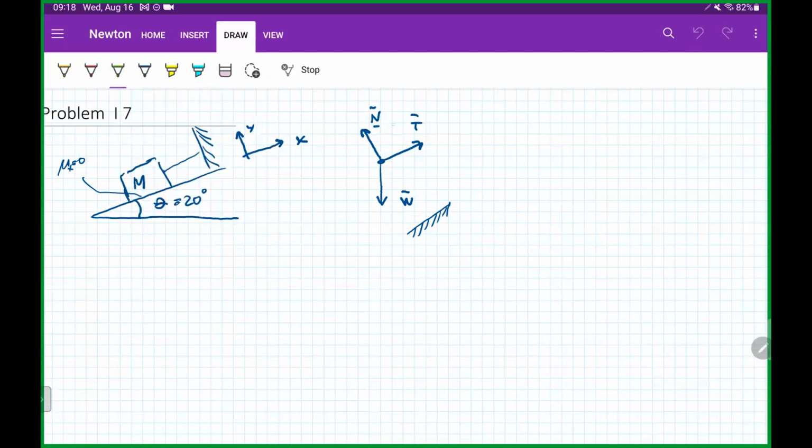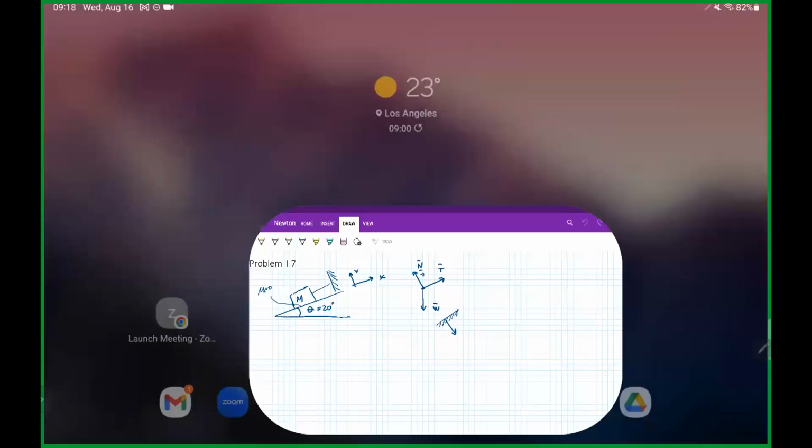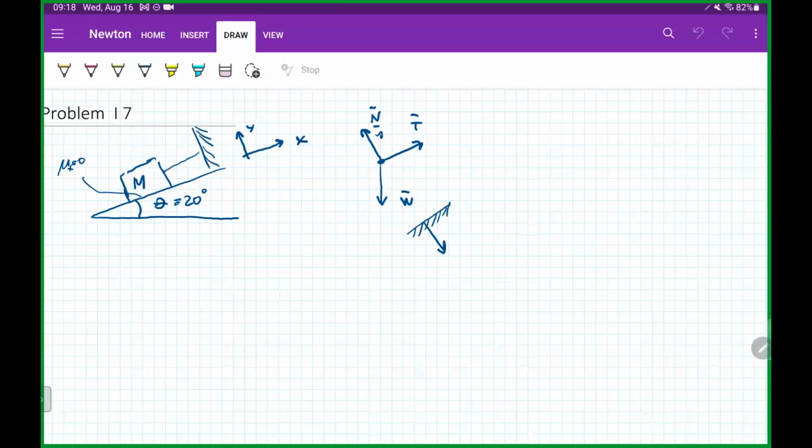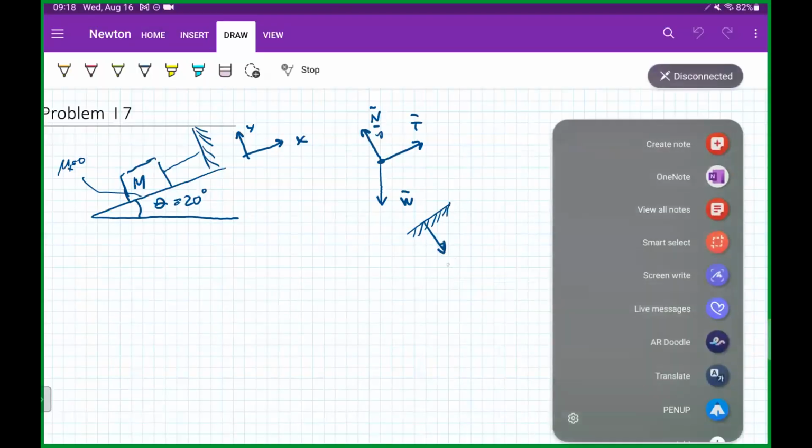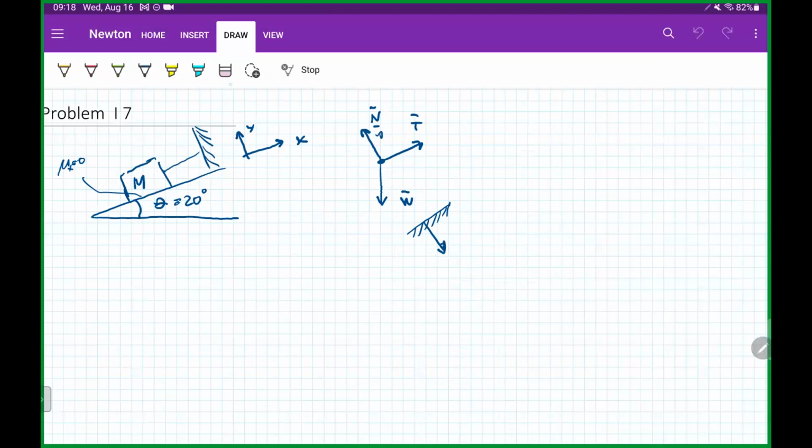Get some colors. Okay. Here. Oh, it's not picking up the colors. Sorry. Yeah, something wrong with the pencil.